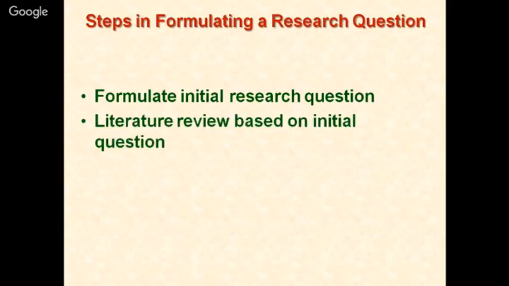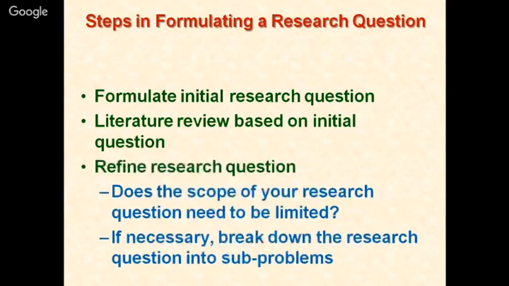Now coming to steps in formulating a research question. Firstly, the initial question, a broad question. Then a literature review based on the initial question. That will help you finalize your topic. Then refine the research question. Does the scope of your research question need to be limited?